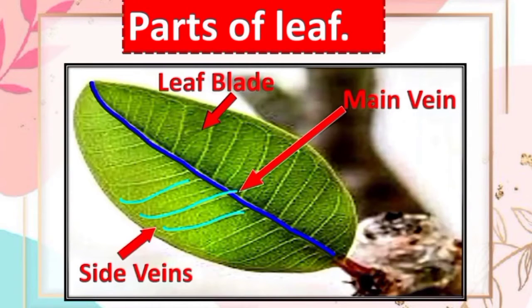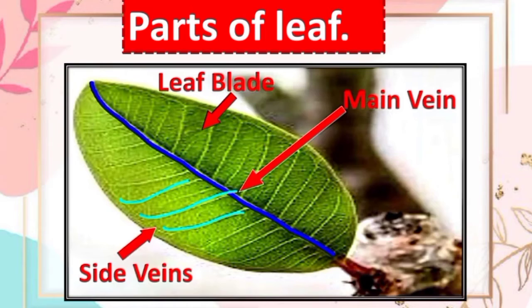So children, now we will study about parts of a leaf, right? If we look at a leaf very closely, we will see that it has different parts. What are they called? Let us learn the names of the parts.